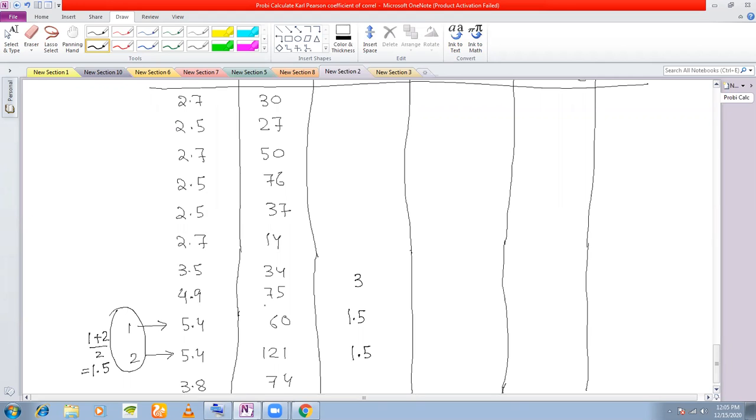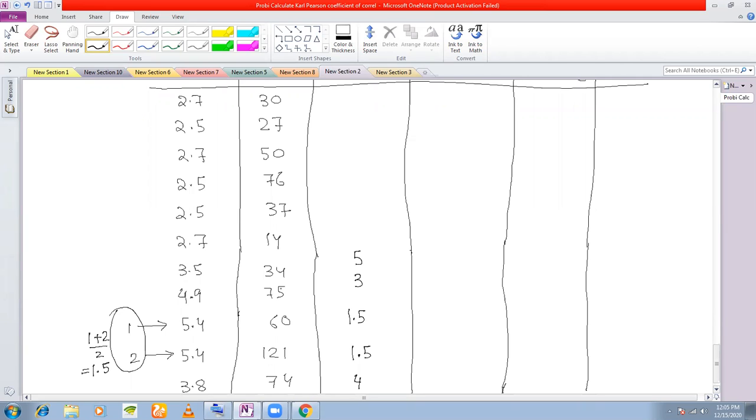The next highest is 3.8, so I'll give rank 4 to 3.8. The next highest is 3.5, so I'll give a rank of 5 here. The next highest must be given rank 6.